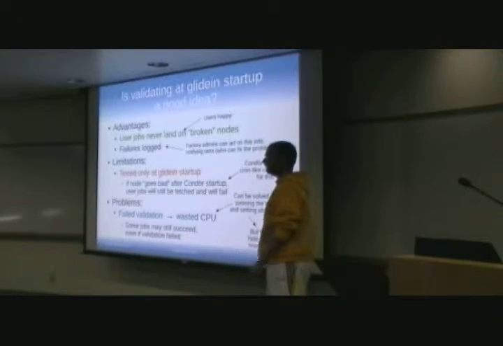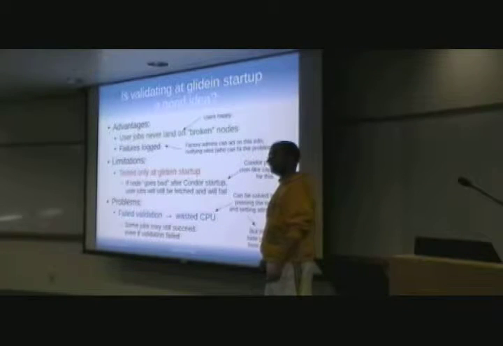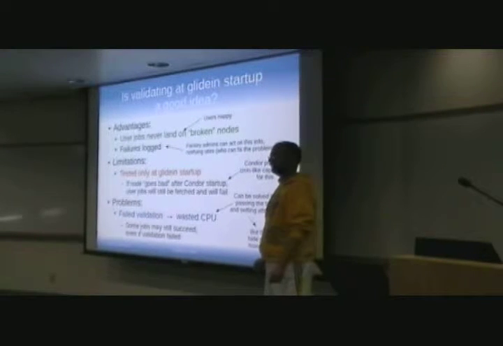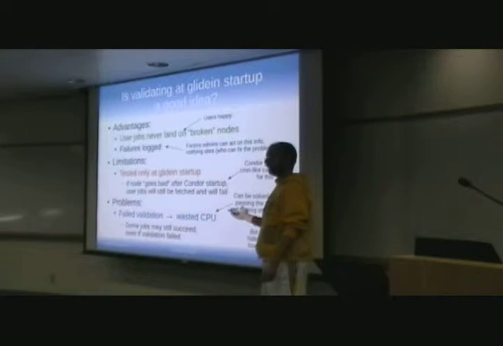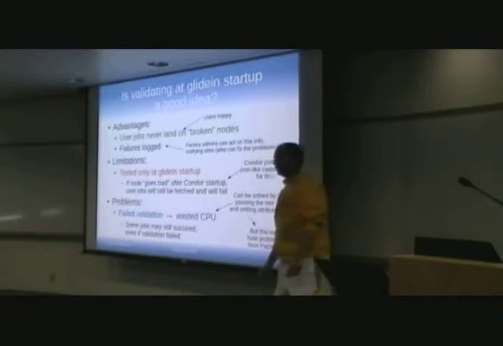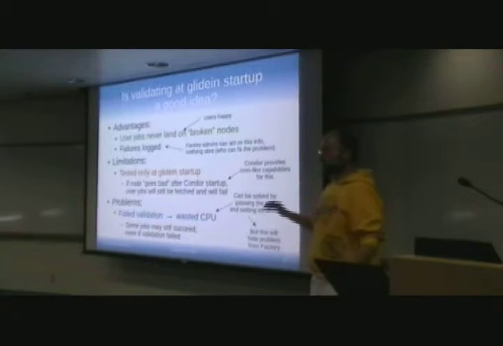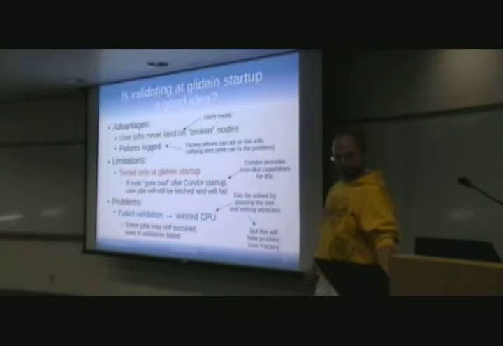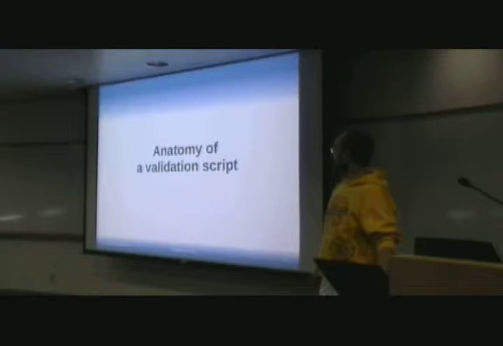But it's a reasonable trade-off if you have a large fraction of glideins that may actually benefit from them. But again, it's up to you. glideinWMS doesn't really help you there, but it's possible.